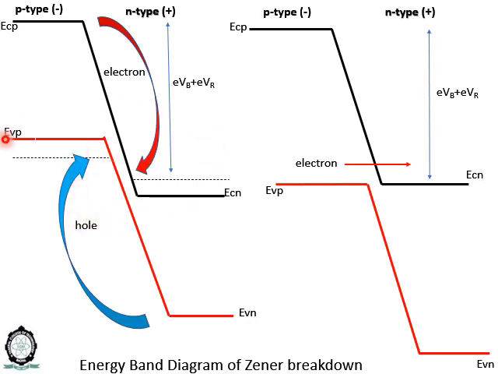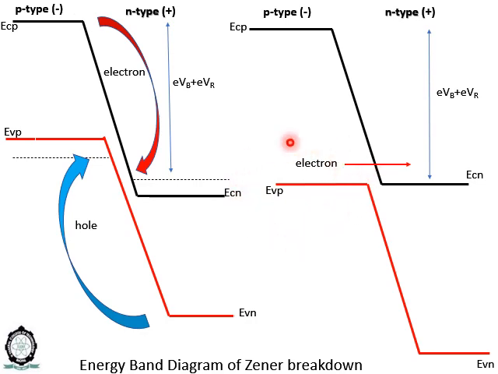At a certain voltage, these two energy levels, the p side valence band and the n side conduction band, coincide with each other. At this time, we have applied a negative voltage at the p side and a positive voltage at the n side. This negative voltage forces the electrons to move towards the n side.